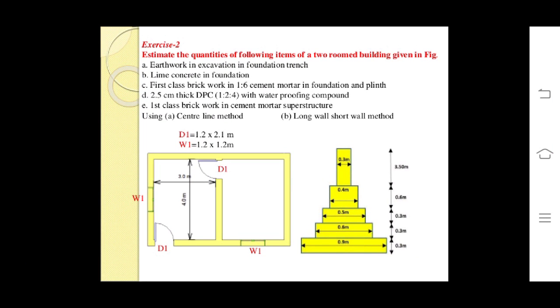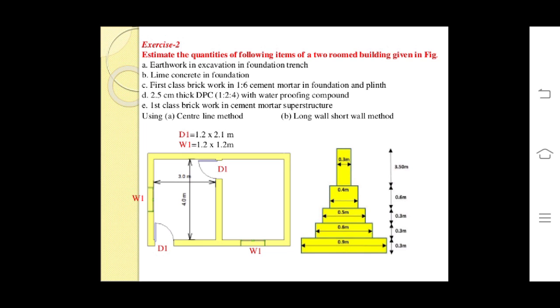This is a two-room building having the following details of foundation and superstructure. Estimate the quantity of the following items of the two-room building given in the figure.